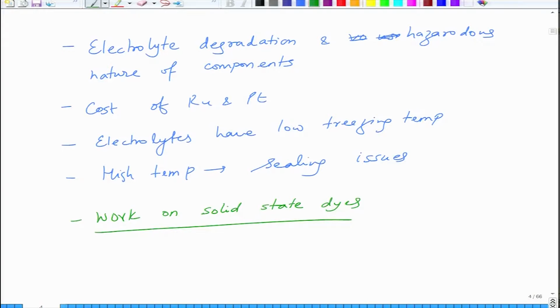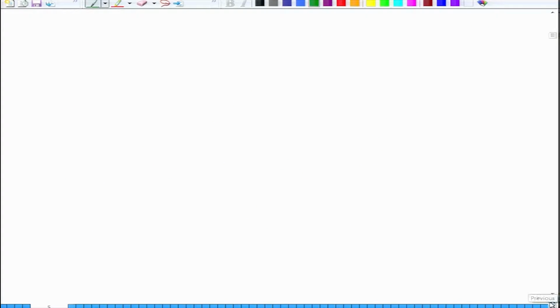So, in summary, what do you require for a DSSC? You have a solar cell like this.